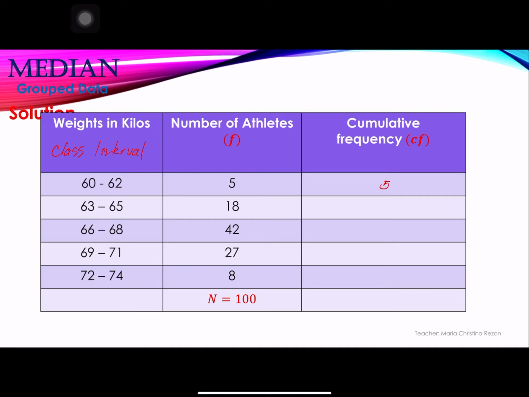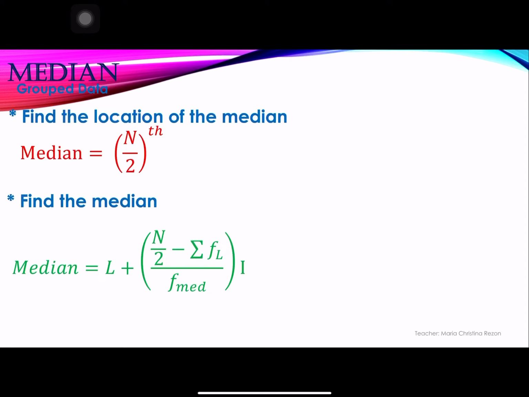So you will have 23, and then 23 plus 42 gives you 65. And then 65 plus 27 is 92, and 92 plus 8 is 100. If you notice, the cumulative frequency of the last class interval is equal to the total number of frequency, or your n.